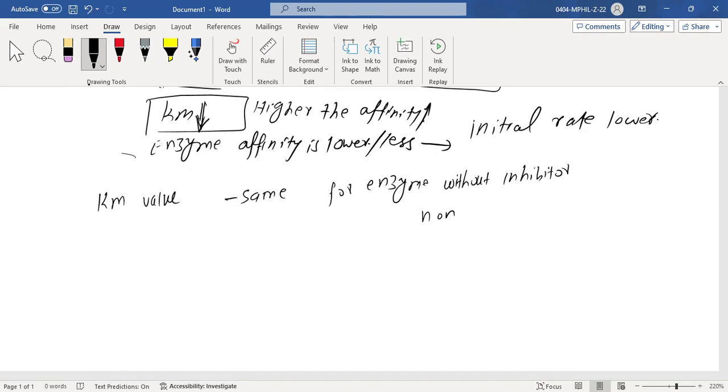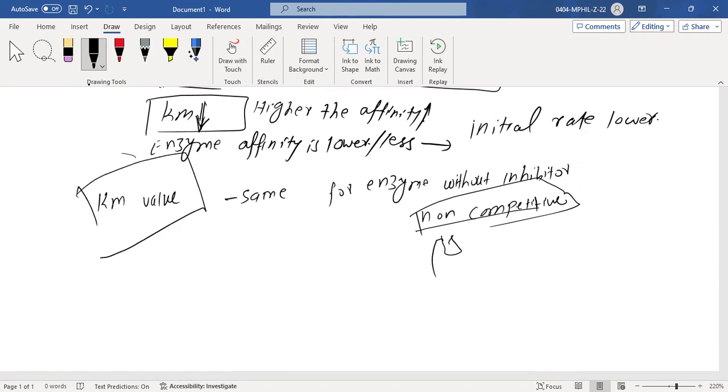Last time we started this topic, but these are two basic concepts, competitive and non-competitive inhibitors. We need to complete them and then go on to the inhibitors. I told you in our last class that non-competitive means they are not competing for the active site. So in that condition, this Km value will be the same. That is not going to change.